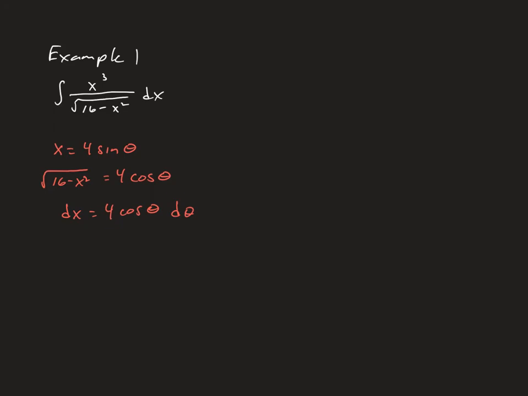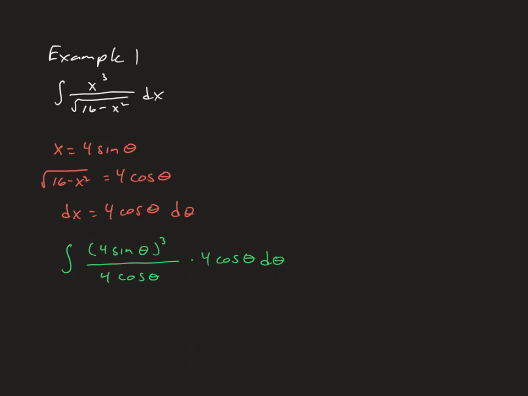So now with that, I am ready to set up that integral. I'm going to replace x with 4 sine theta, the square root with 4 cosine theta, and the dx with 4 cosine theta d theta. So this becomes the integral of 4 sine theta, cubed, over 4 cosine theta, times 4 cosine theta d theta.